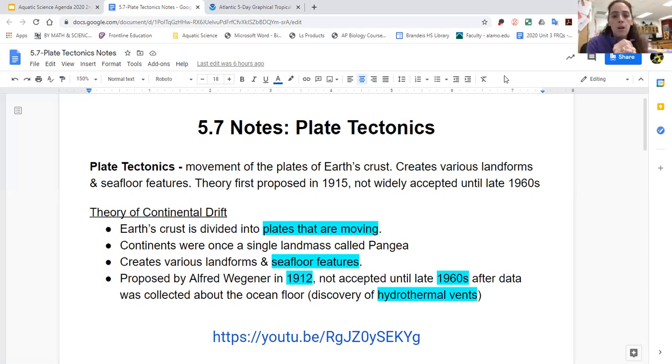And if you recall from the first week of school, and I know that's been a while, one of your assignments was to watch a TED Talk by Dr. Robert Ballard. He is a physical oceanographer. And so he was one of the people on board the Alvin when it traveled to the bottom of the Pacific Ocean, where he discovered some hydrothermal vents.